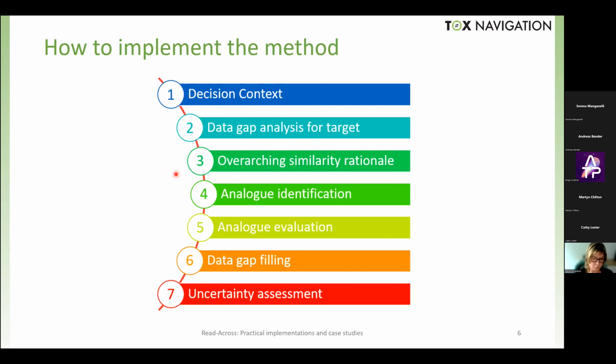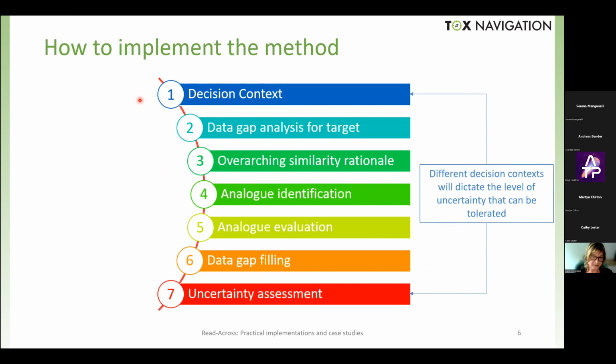So let's see this workflow. It includes 7 steps. And the first one is the decision context, which is related to the fact that you really have to define the aim of your prediction. This is true for any method that you're using to generate data, and above all for a read-across.